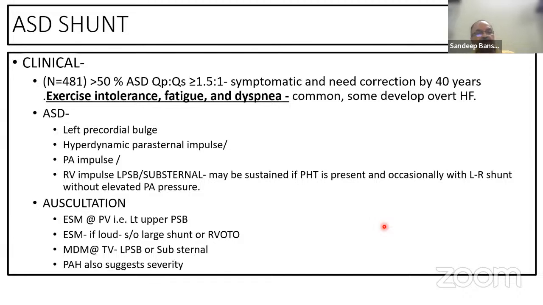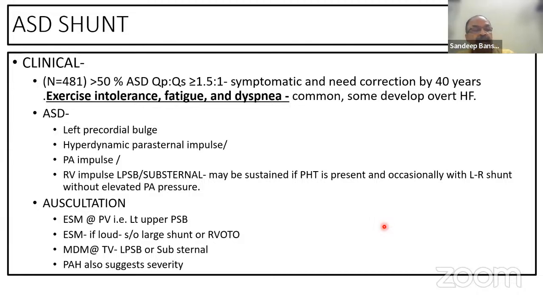As far as auscultation is concerned, we know that the gradient between the left atrium and right atrium is very low. So the murmurs or the auscultatory events are generally related to the flow across from RA to RV, and then from RV across to the pulmonary artery.